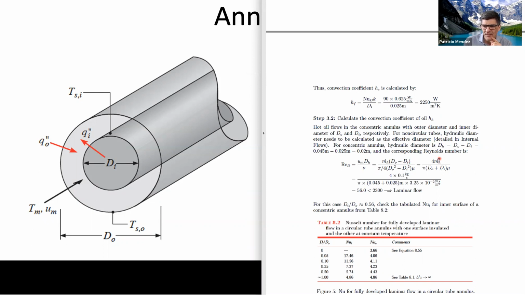When I put all of this here, we end up that the Reynolds number for the oil in the annular flow is 56, way below 2300, laminar flow. But what can I do? This oil is so ridiculously viscous that it's very difficult to make it turbulent.